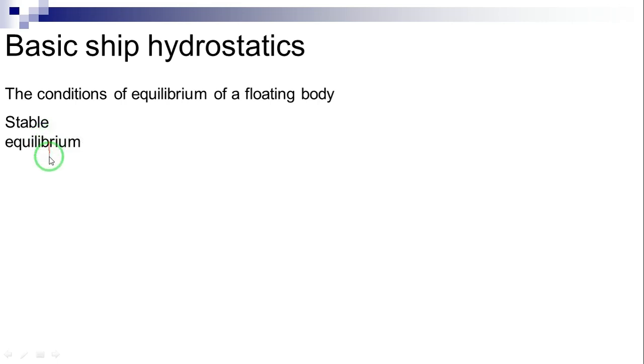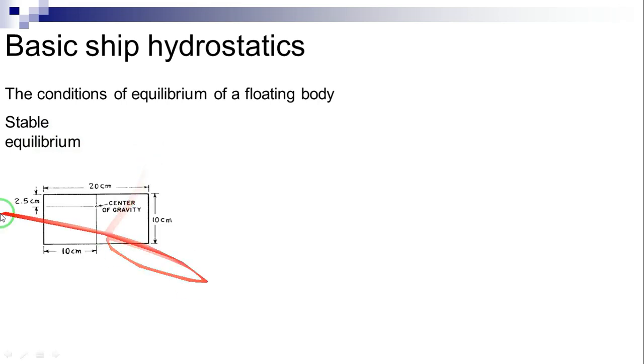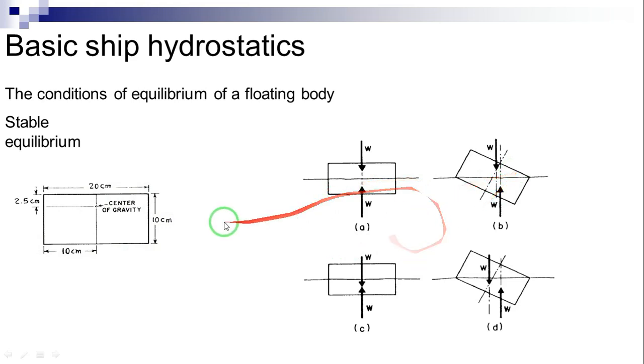An example of stable equilibrium is shown here for a watertight body having a rectangular section with dimensions and center of gravity illustrated here. Assume that it will float with half its volume submerged, as shown in these figures.